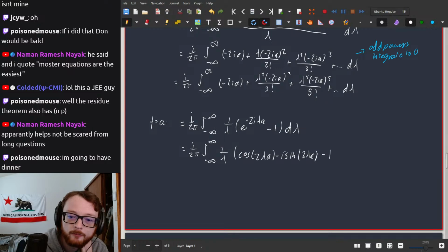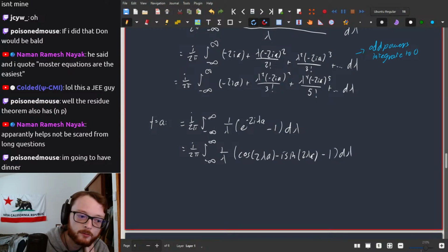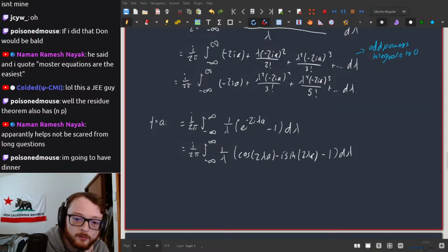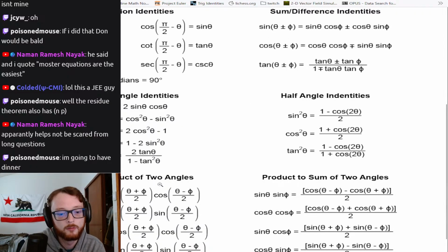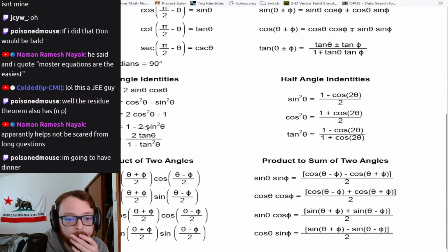Can we get saved by trig identities? What's the one with sine squared and cosine of 2 something? I think I want that one. 1 minus 2 sine squared.